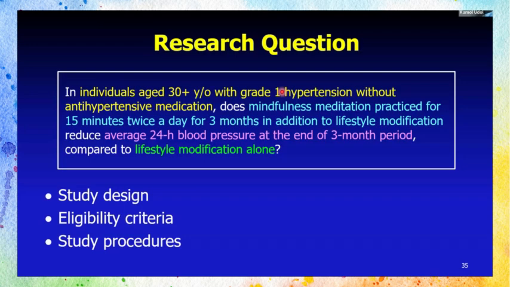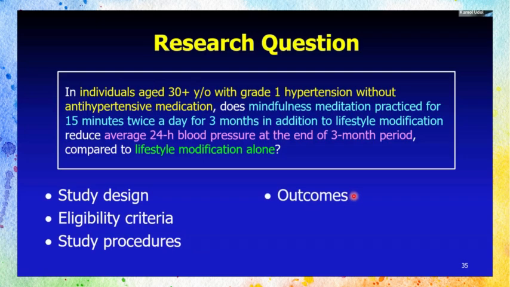You will advise them about lifestyle modification. You will follow them for 3 months. At the end of 3 months, you will do a 24-hour blood pressure monitoring using a device. This will be clear from the question, the procedures that you need in your research process.